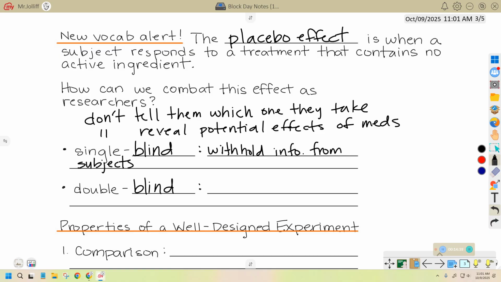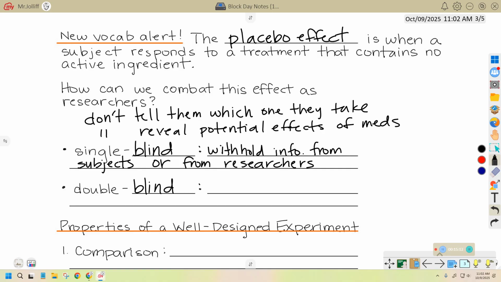There's a reason I majored in math. There is another option here. Single blind, I can withhold information from the subject. Or from, I'm going to say researchers here. Researchers isn't exactly the word I'm looking for. Really what I want to do, I want to withhold information on the research side of it, I want the people that are interacting with the subjects to be blinded.